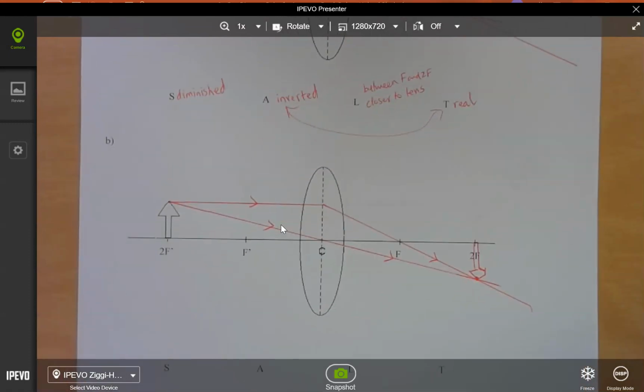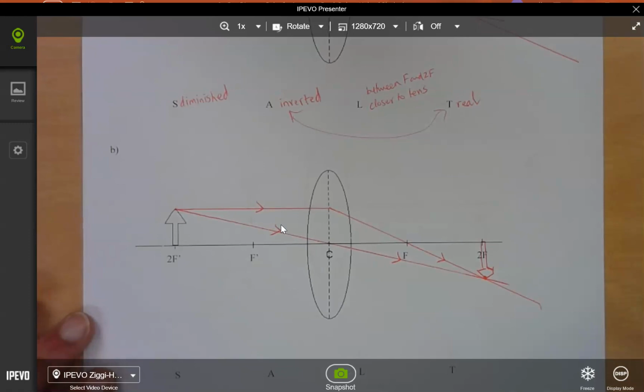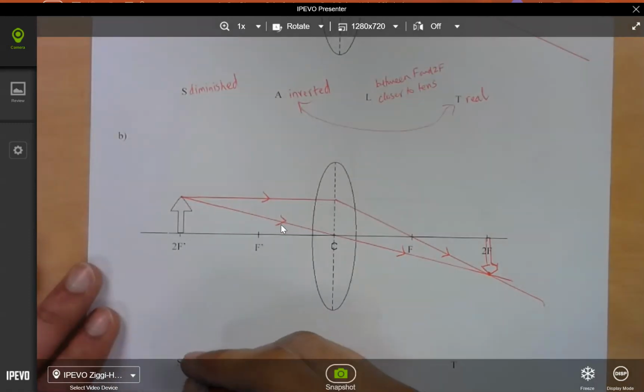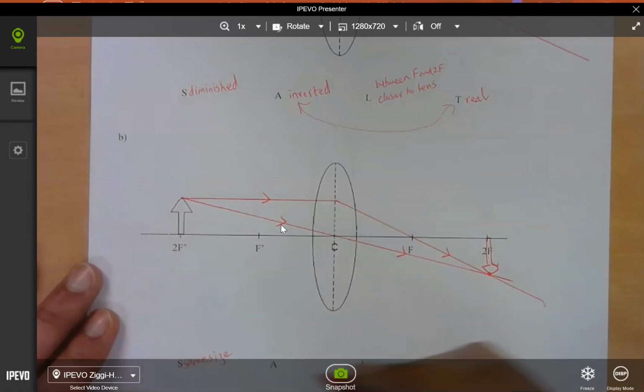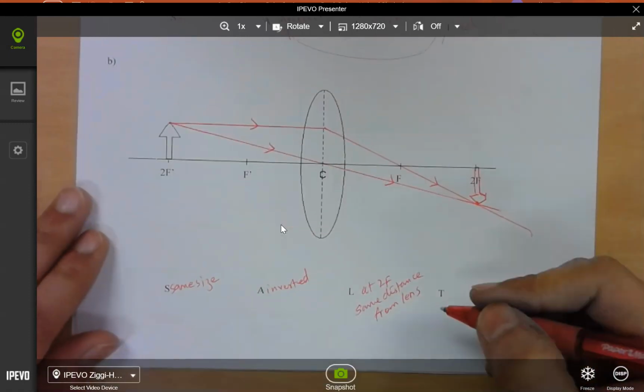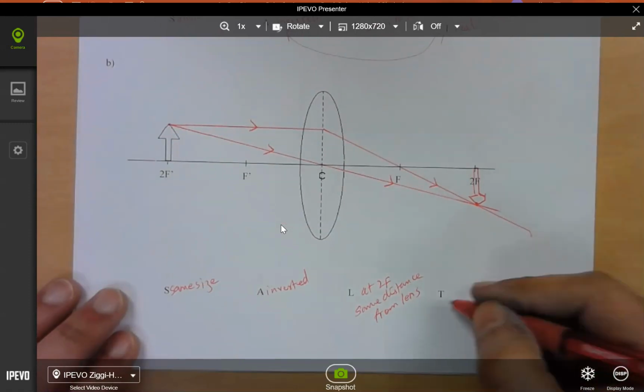Alright, we use our two rules. Very easy. And you'll notice there are a lot of similarities between the mirror ray diagrams and the lens ray diagrams. They're formed on different sides, but for a concave mirror, we're essentially going through the same ideas we had from before. So this is going to be same size, inverted, at 2f, same distance from the lens, and a real image.